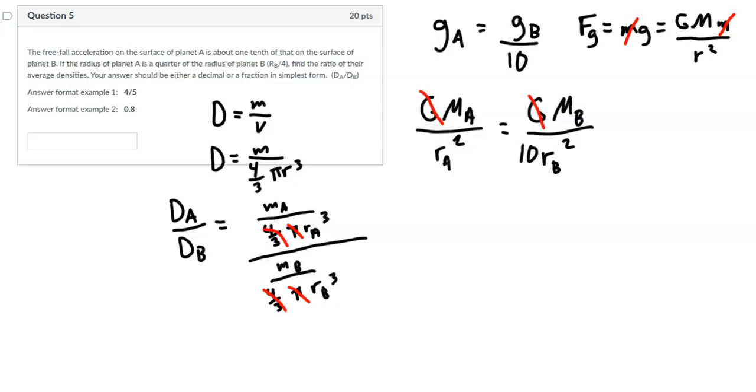Get back to the black pen over here. They also tell us that the radius of planet A is 1/4 of the radius of planet B. So RA equals RB divided by 4.